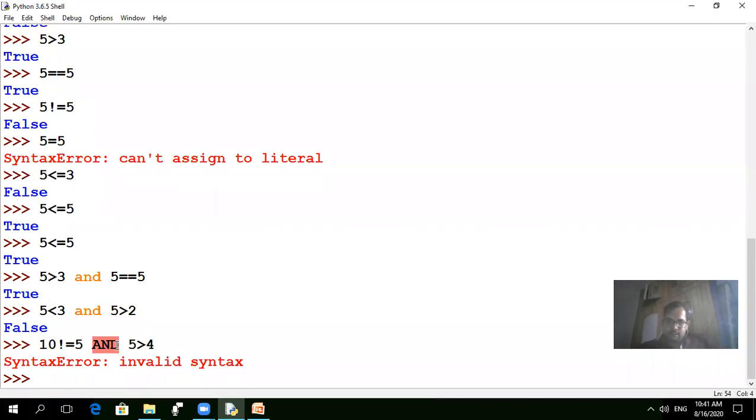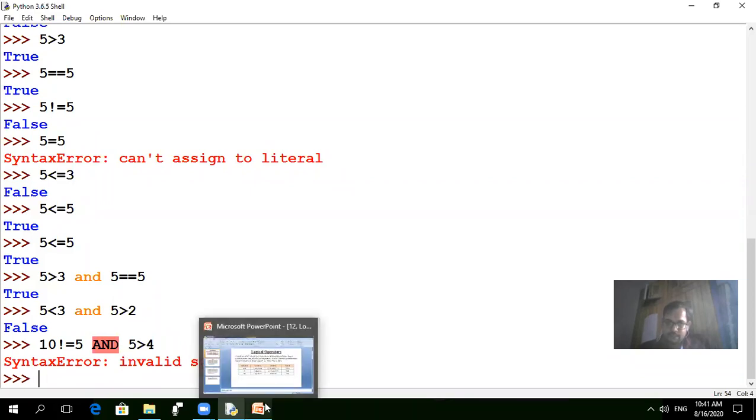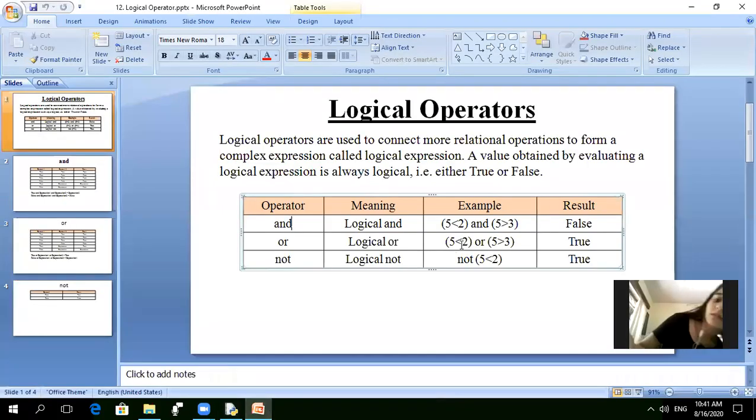Clear? Yes, sir. Similarly, 5 less than 2 or 5 greater than 3 will give true, because either one of the conditions is enough. Here the second condition is true, so it will return true. Clear?